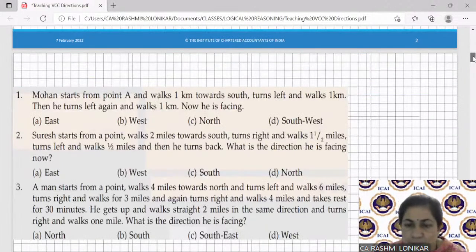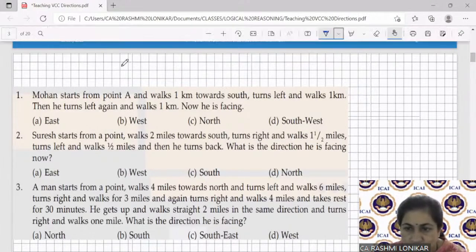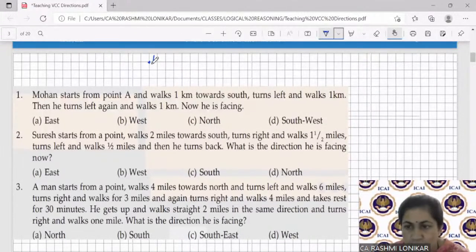Now Mohan starts walking from point A, and walks 1 kilometer to the south. He then turns left and walks 1 kilometer. Always put in the arrow so that you understand which direction he is going.